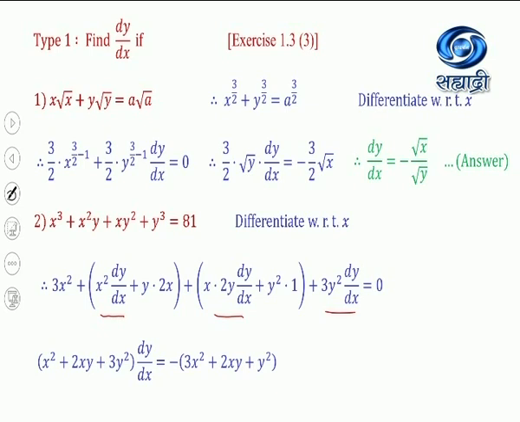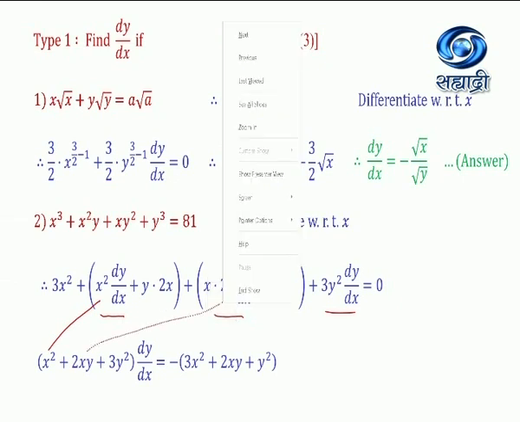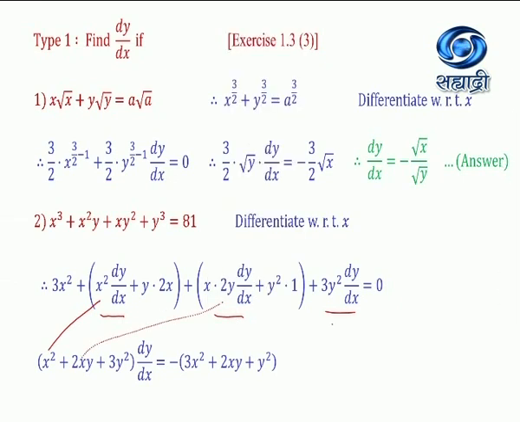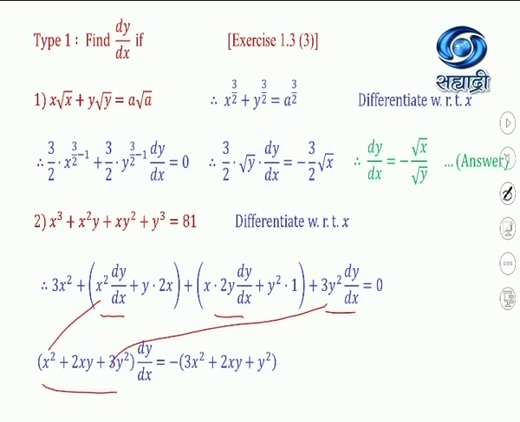See here, dy by dx common, we get x square here. Now here x into 2y, that is 2xy. Now here 3y square. Now dy by dx is common, then in bracket you write this, and now take the remaining terms on the right hand side. What we get?